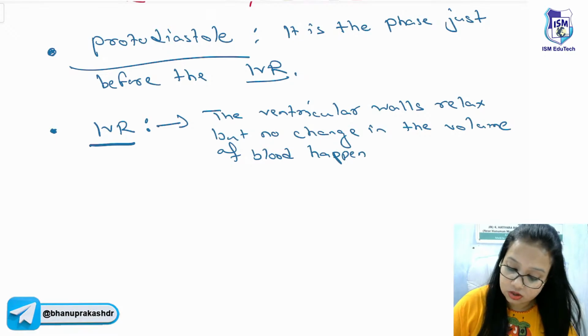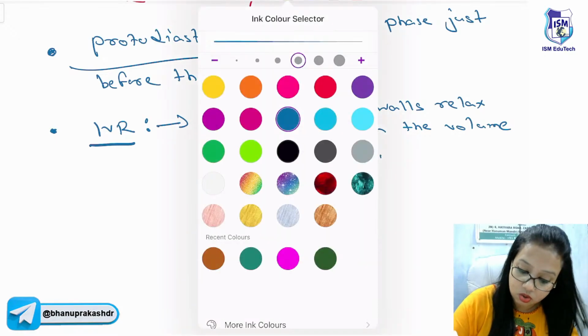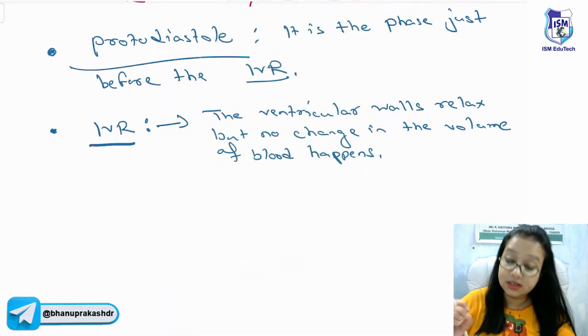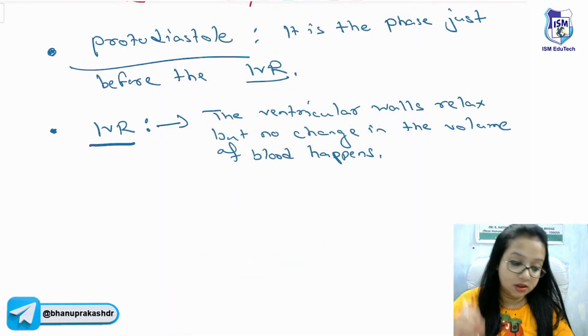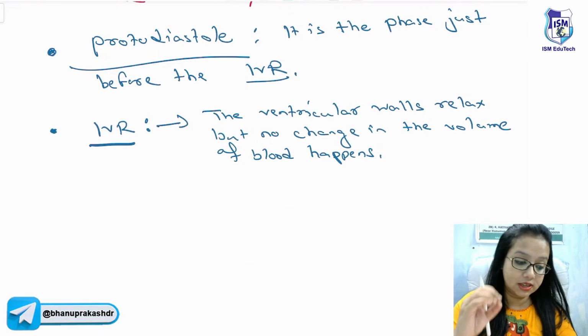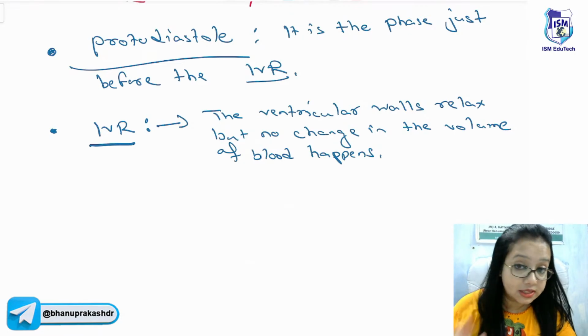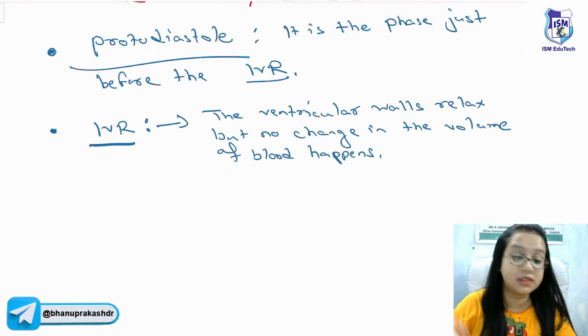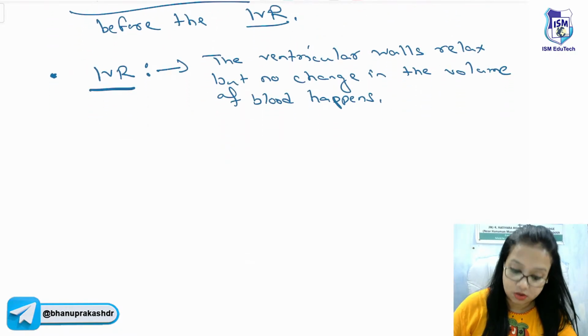That means in isovolumetric relaxation, only the ventricles are relaxing. The myofibrils of the heart, the cardiomyocytes, are just relaxing, but there is no filling of the blood. There is no change in the volume of the blood.